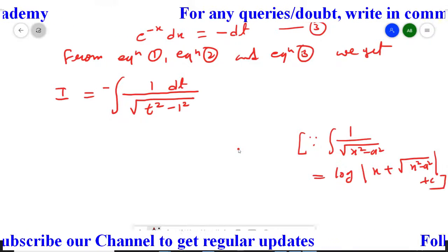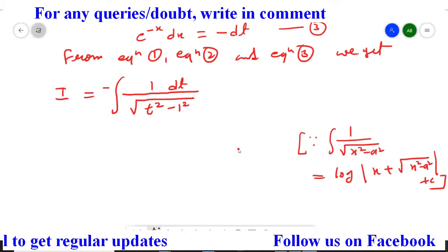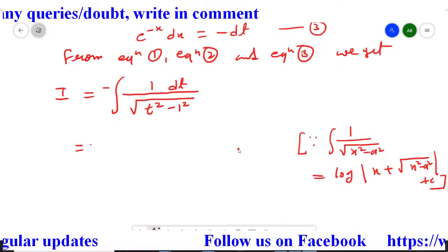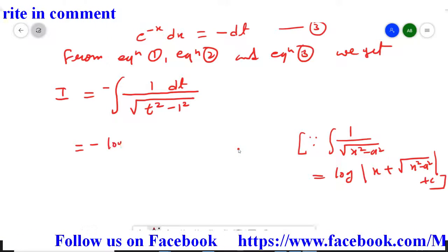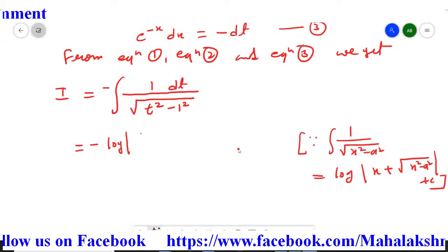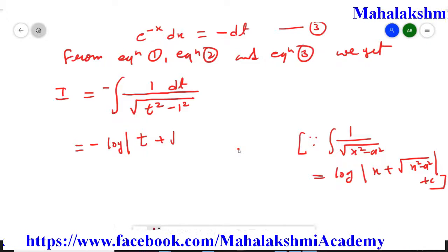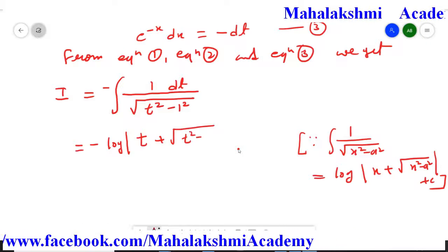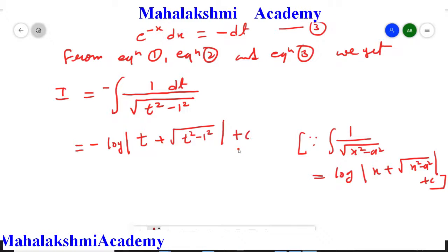So this formula we are going to use. The minus sign is already outside of the integration, so it is minus log mod, instead of x we have here t, so t plus square root of t square minus 1 square, mod close, plus integration constant.